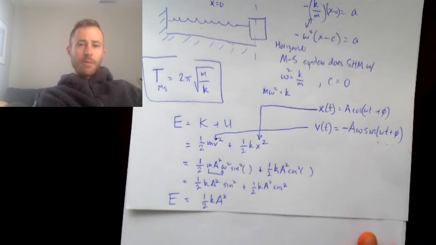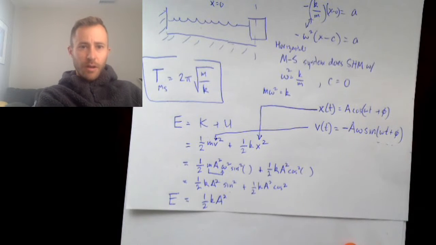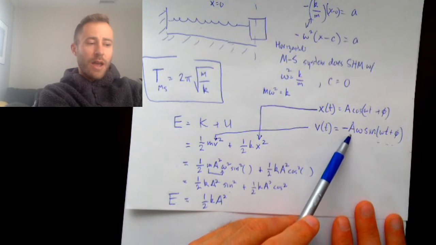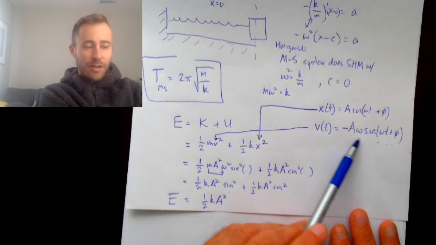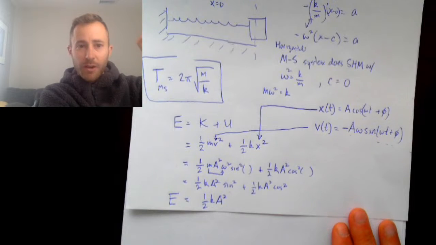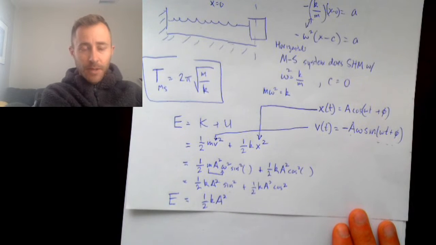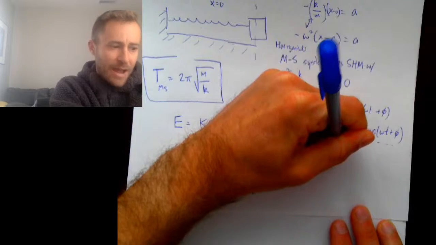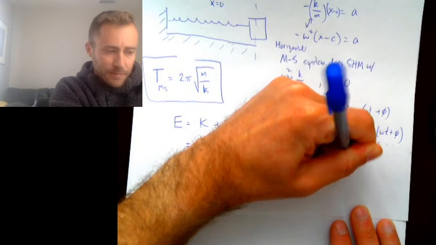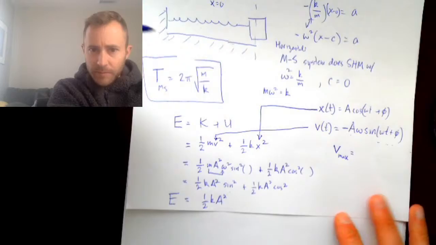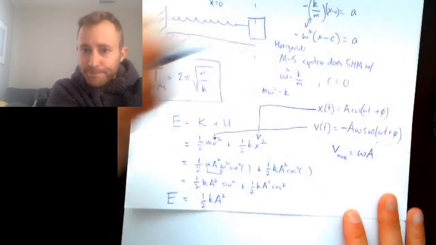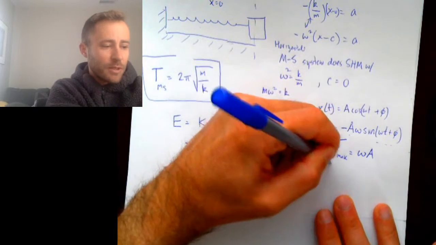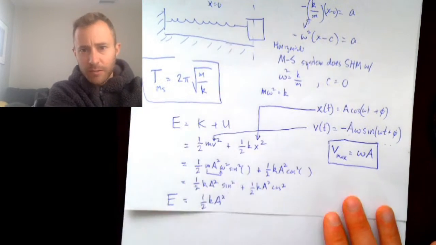So a omega times sine is going to wiggle between plus a omega and minus a omega. So what that means is that the maximum speed is going to be omega times a. The maximum speed in the simple harmonic motion is omega times a.